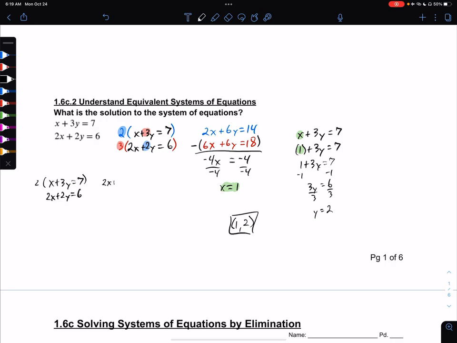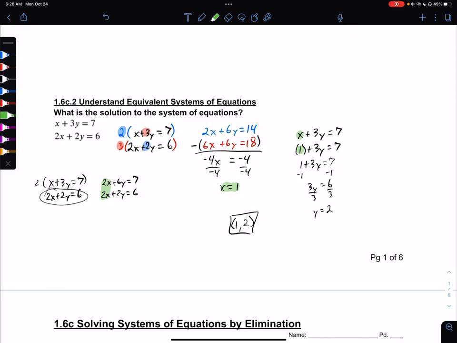So you get 2x plus 6y equals 14 like we just did. This equation here can actually stay the same because my x values match up. That won't always be the case, so you won't always be able to multiply just one equation. So I tend to have the habit of multiplying both equations.